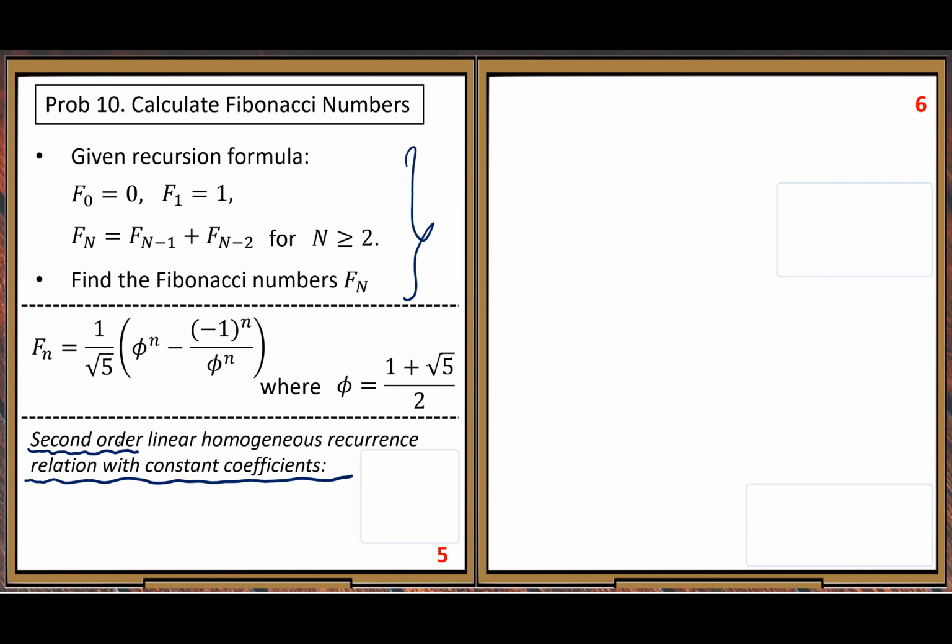Second order: look at the right-hand side. There are two non-constant terms. To understand the meaning of second order, we may compare with our old example, the Tower of Hanoi.